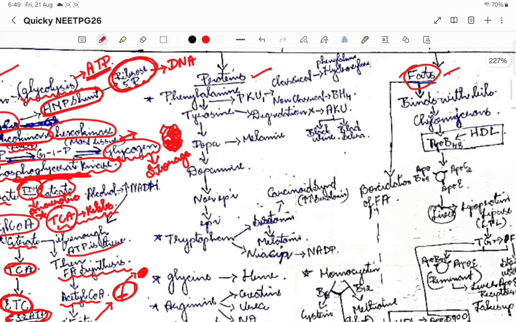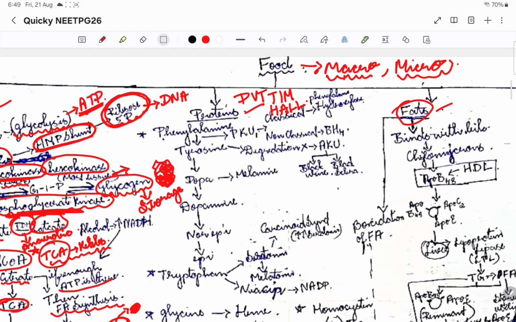So what are the essential amino acids? That is remembered through Private Tim Hall. This is like a mnemonic that is required for essential amino acids. You need not remember what all those things are.